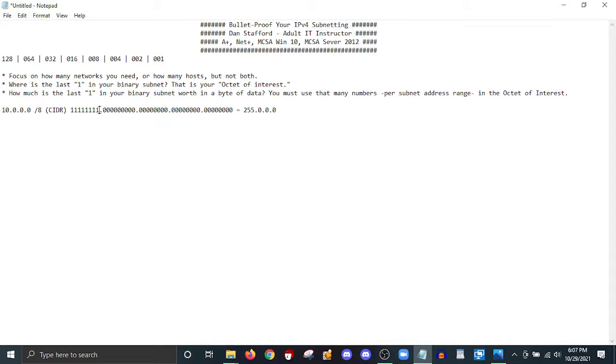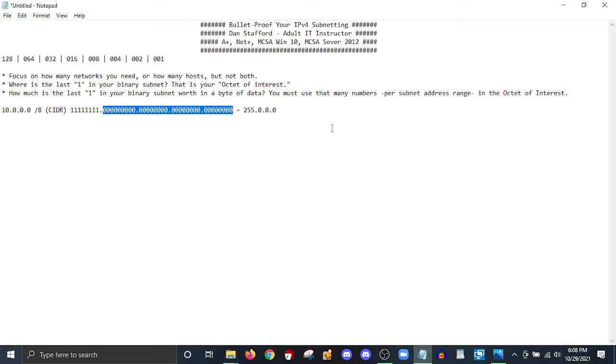So any IP address floating around on this network is going to use those first 8 bits, with this subnet mask as set, as the network portion of the address. And any bits in the subnet mask that are set to 0, those same bits in any IP address are going to be available for host addresses on that network, right? So the ones identify the network and the zeros identify the host addresses on that network, including the network address itself and the broadcast address.